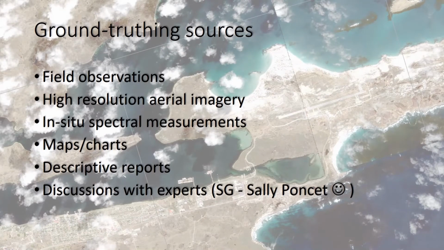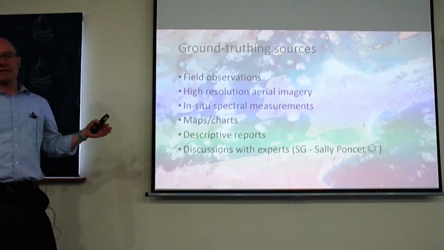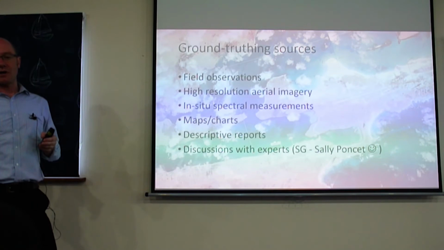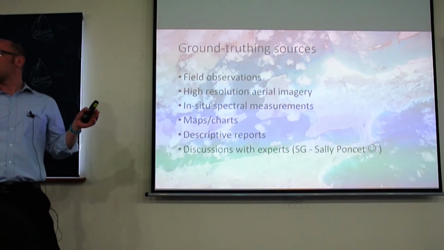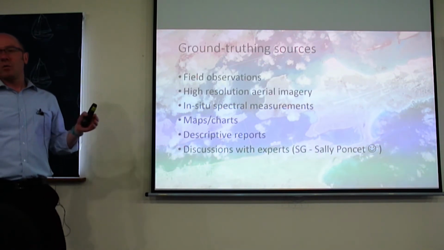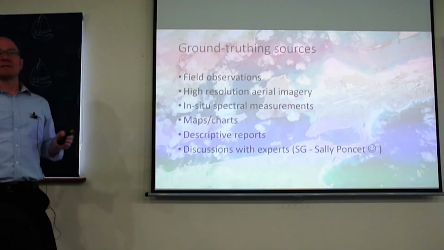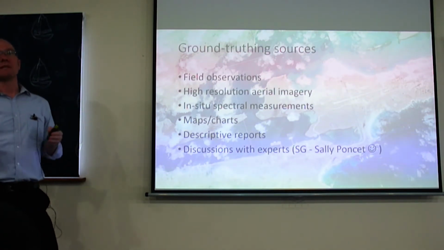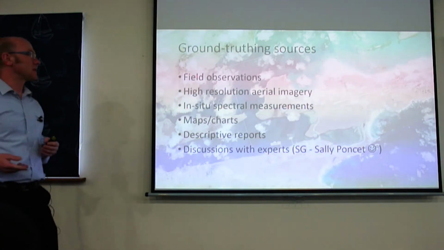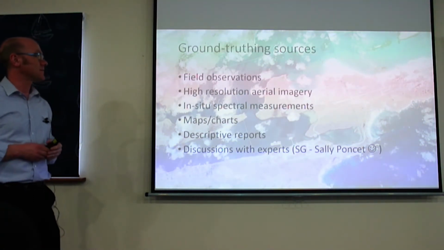Going out in the field, actually seeing with your own eyes what's there, understanding what the sensor is seeing, how big a pixel that sensor is recording, and how that size of sensor pixel relates to what you think it's going to be seeing, as in we saw how big a 30-meter square is out in the field, and what you see as that single value in that 30 meters is going to be very different to what you see in the 10-meter squares or meter squares from the Worldview imagery. So yeah, thinking about that sensor size.